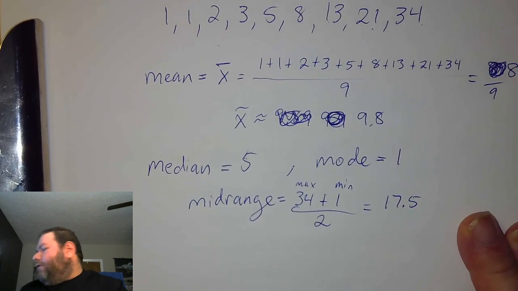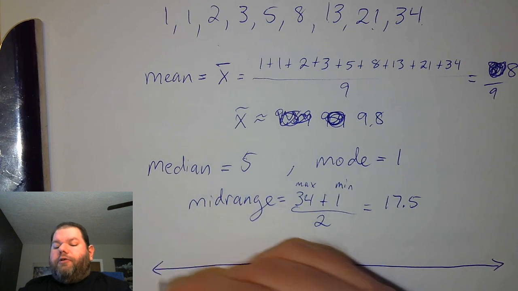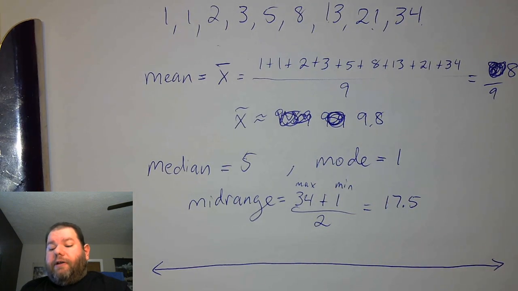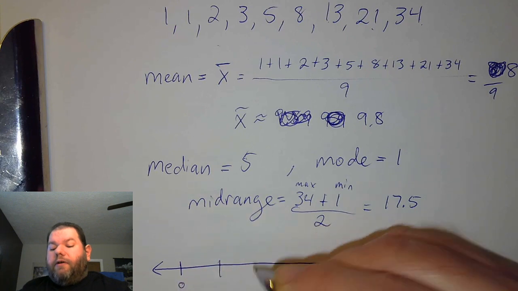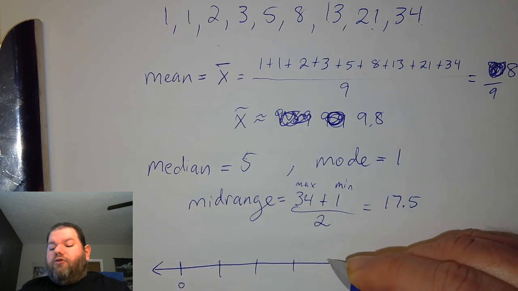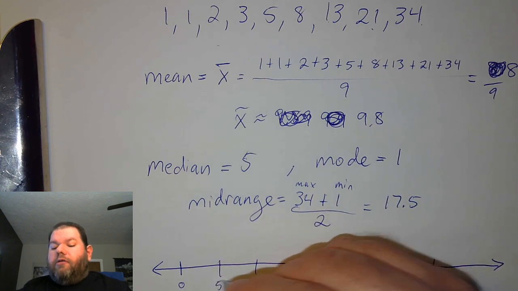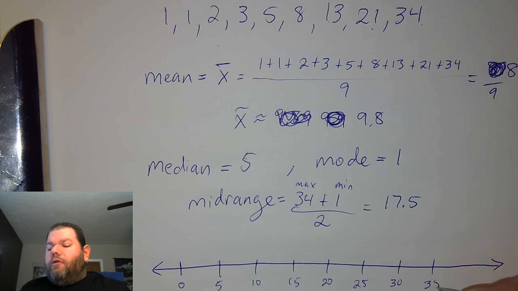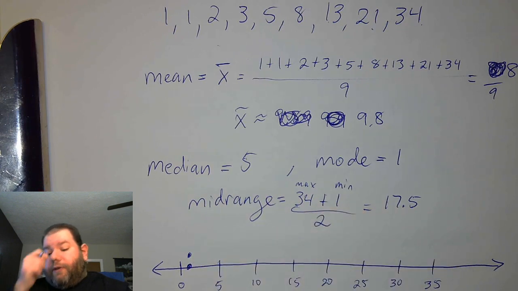this is another type of graph. I'm going to draw a number line here, and I want to be able to get as high as 34, so start at 0, 5, 10, 15, 20, 25, 30, and 35. Now, we actually have two values at 1.